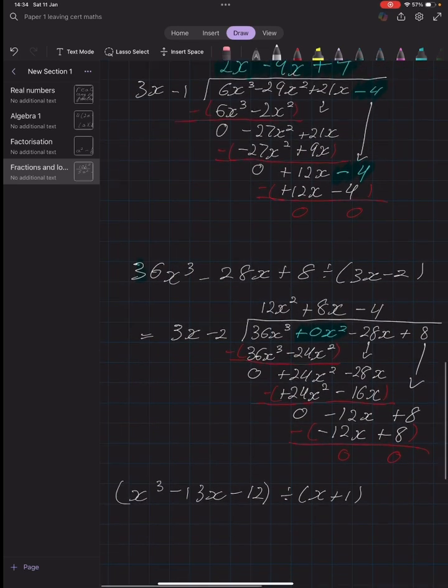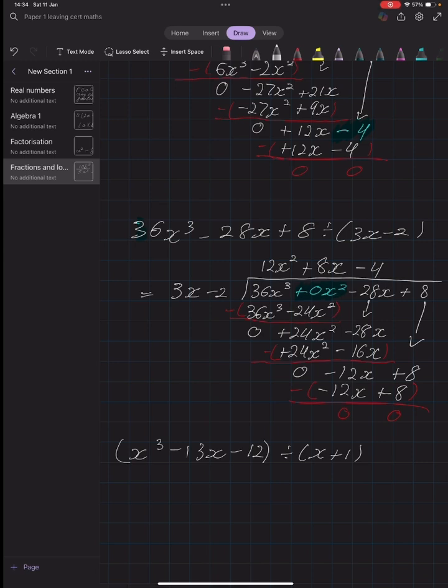See up here, we ended up with a quadratic. You went from a cubic dividing by a linear term to get a quadratic. This is to the power of 3, this is to the power of 1, 3 minus 1 is 2, and therefore this is a quadratic.